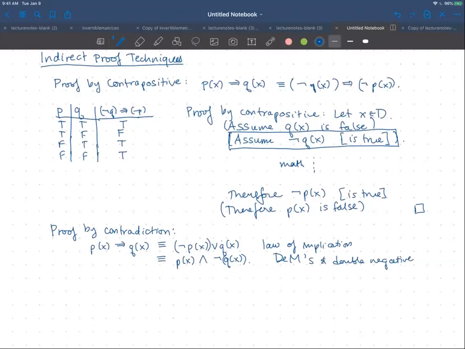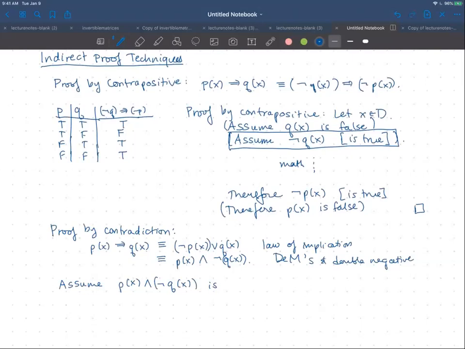And so I want to show that P of X implies Q of X is true. And what I can do is I can assume that it's false and show that it leads to a contradiction. And so it must be true. So the idea here in a proof by contradiction is you assume P of X and not Q of X is, sorry, I see what I did.